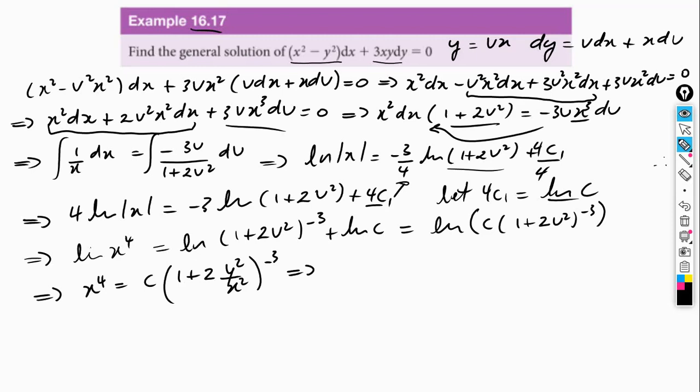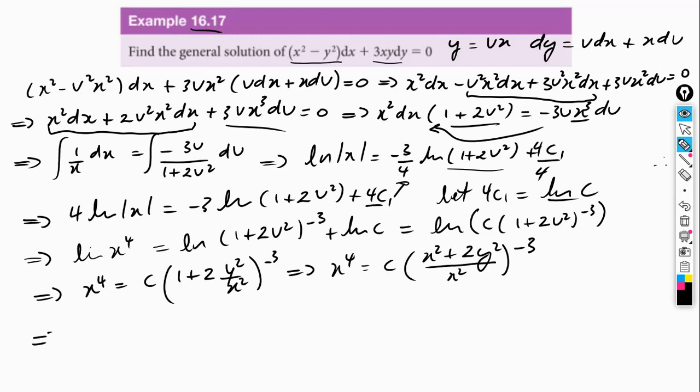We can rewrite this as x to the 4 is equal to c times ((x squared plus 2y squared) over x squared), that's just adding these fractions, to the power of negative 3.